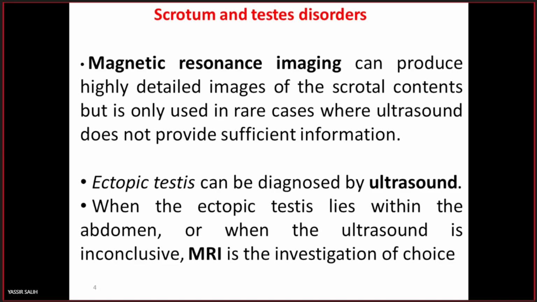Sometimes it may be located within the abdomen, the inguinal canal, or the perineum. So ultrasound should be done for searching for these ectopic testes. If the ultrasound result is inconclusive, at this time you can use MRI. So the next imaging technique for searching for the ectopic testes is MRI. The first one is ultrasound.